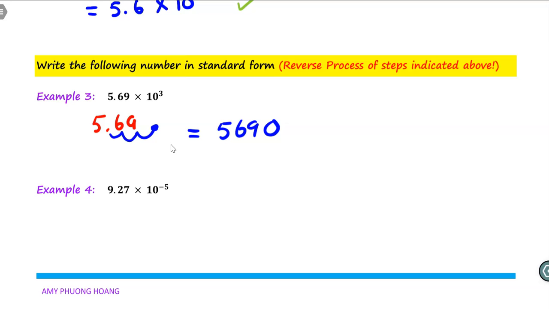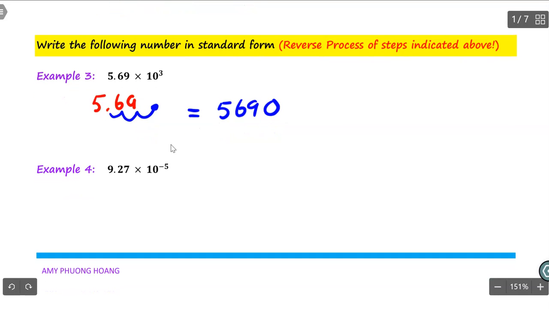Okay, so example number 4, you are going to raise this to the exponent negative 5. That means you are going to move the decimal point to the left. Or you just remember you are going to make this number smaller, because your exponent is a negative number. So you are going to move the decimal point 5 places to the left.